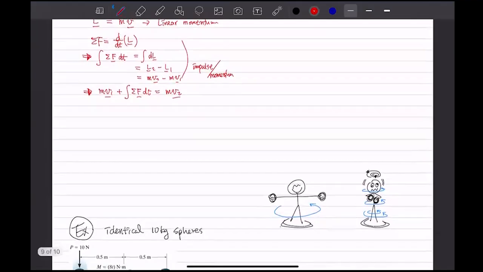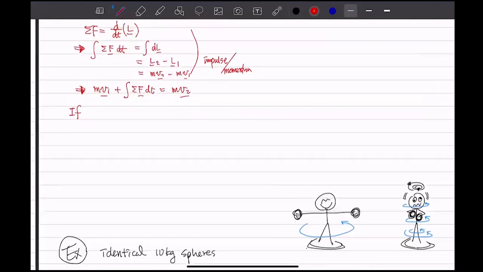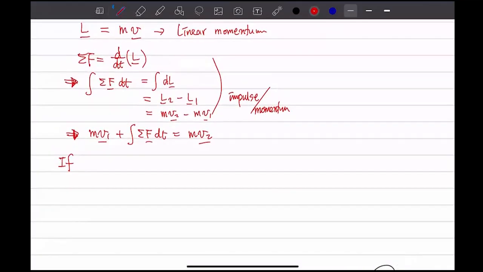And if the summation of force is 0, in other words, no external forces, then what?